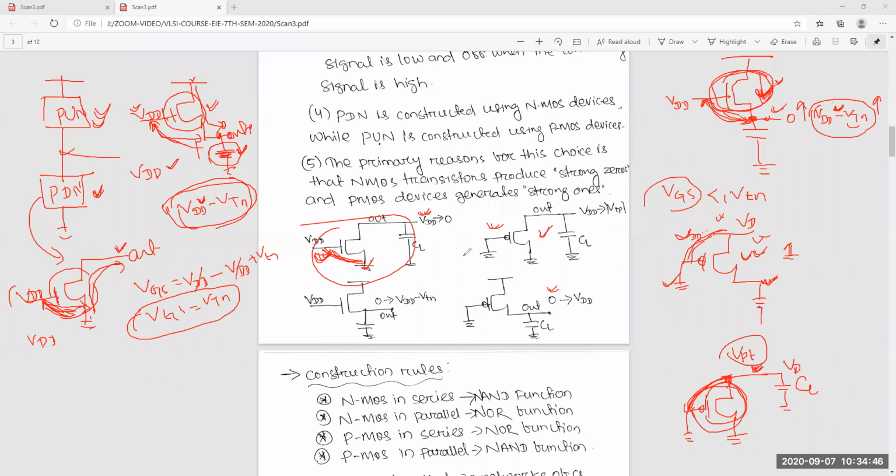That's why the NMOS device is preferred in the pull down network, and the PMOS device is preferred in the pull up network. So, understood this point: why NMOS is preferred in pull down and why PMOS is preferred in pull up.